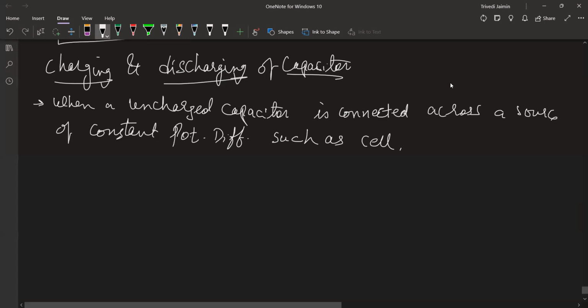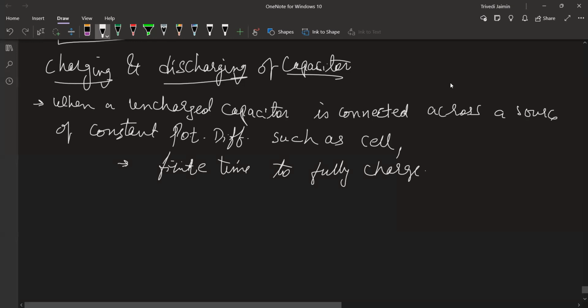Any cell, suppose we're charging anything, a phone, anything. Your laptop is also working on a cell, that's a battery. So it takes some finite time to fully charge, right?